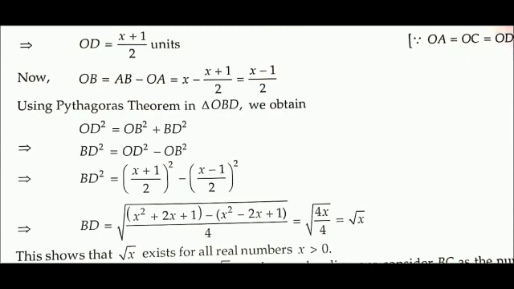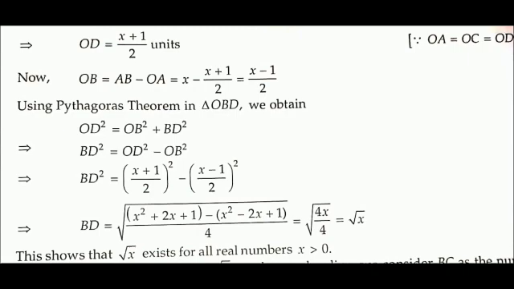So this implies BD square is equal to OD square minus OB square. And therefore, using the values, BD square is equal to (x plus 1 by 2) whole square minus (x minus 1 by 2) whole square.